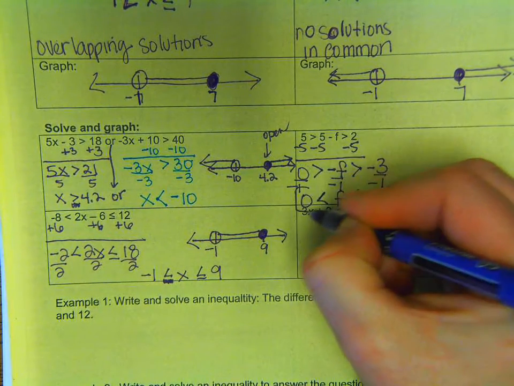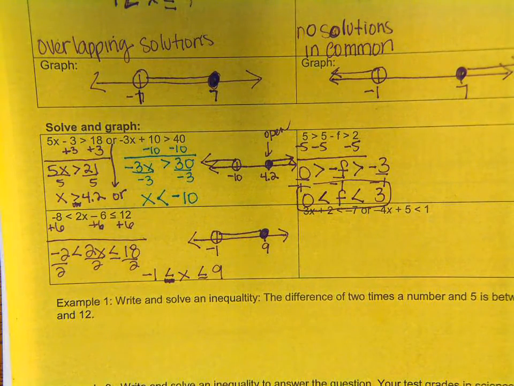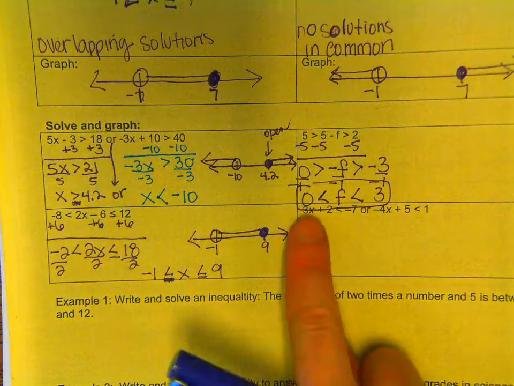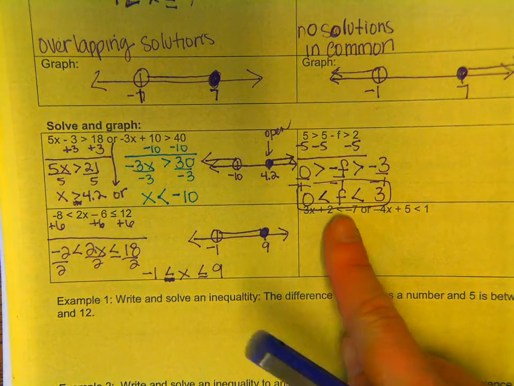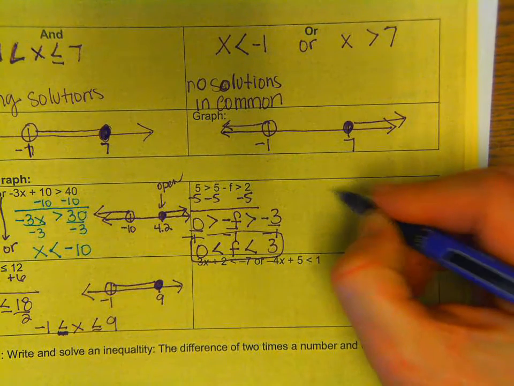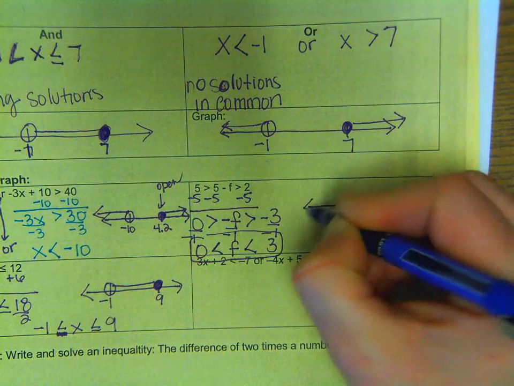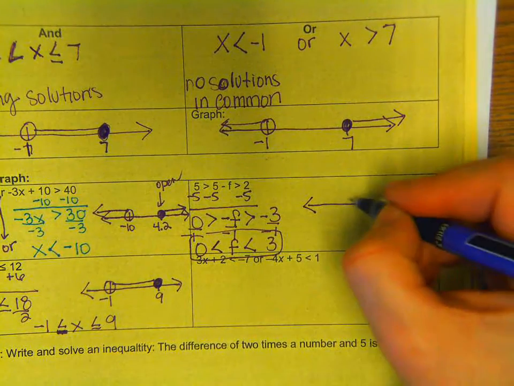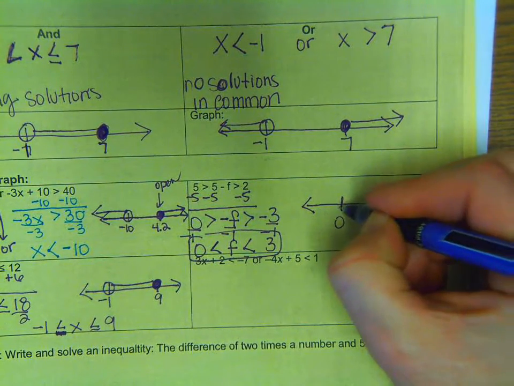Okay, remember before it wasn't so good, was it? But now it's valid. 0 is less than 3, and the inequalities are pointing the correct direction. So this is a good inequality. We can graph it. And look at that, I didn't even try to add any equal to's that time. Okay, so let's put on 0, 3, open circle, open circle.